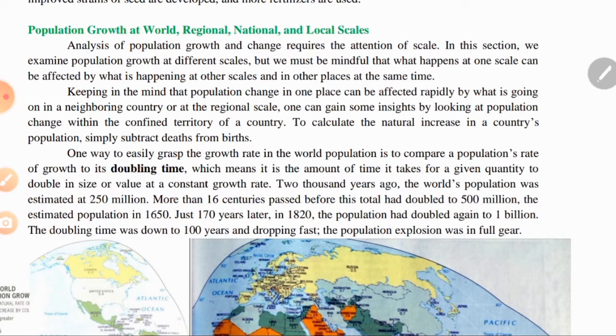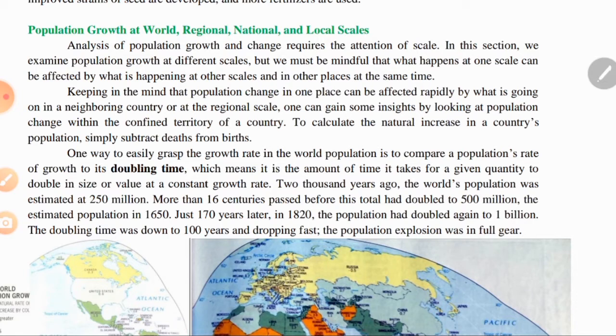Keeping in mind that population change in one place can be affected rapidly by what is going on in a neighboring country or at the regional scale. One can gain some insights by looking at population change within the confined territory of a country.